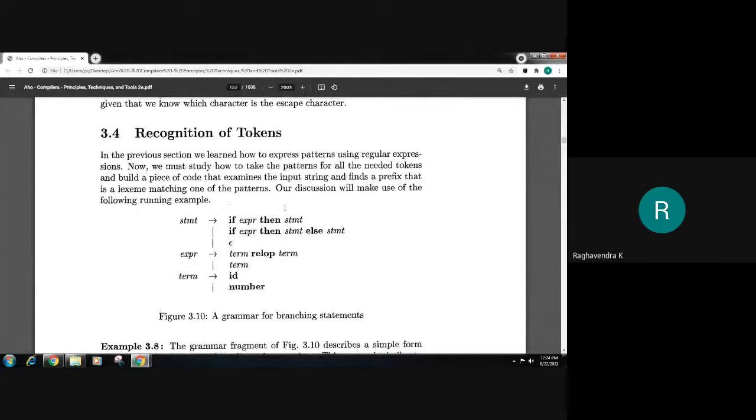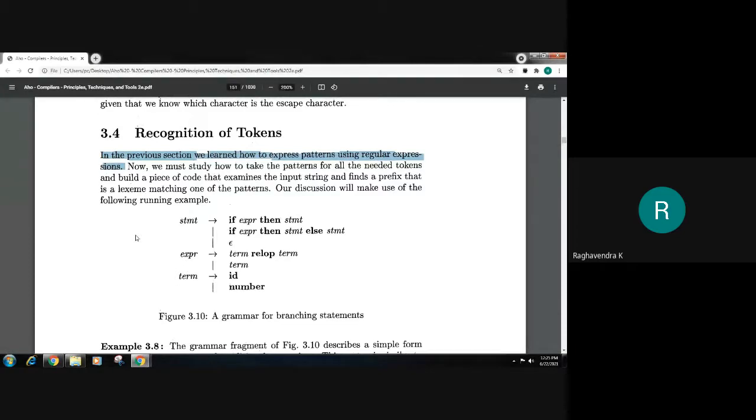So now let us concentrate on how, using regular expressions, tokens are actually recognized. Basically in our previous section, we were concentrating on expressing the patterns using regular expressions, or basically we were trying to write regular expressions for different patterns.